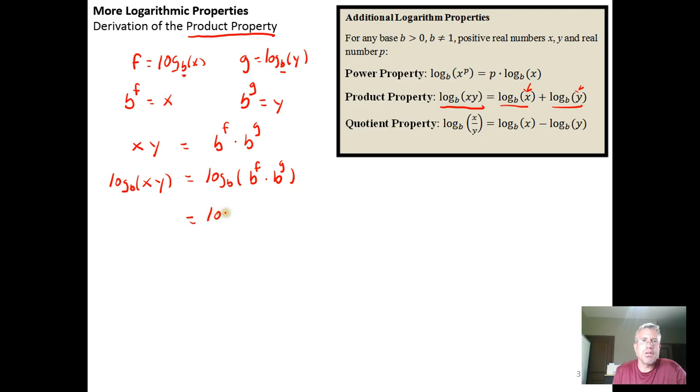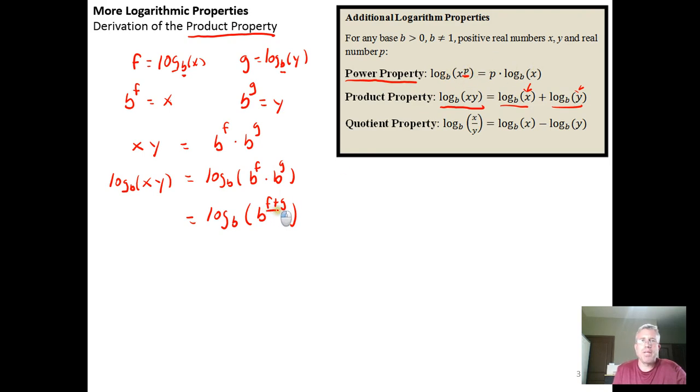I'm going to say this is log base b of, hey, I have the same base, which means to simplify I add exponents. So b to the f plus g by exponent rules or exponent properties. And then the power property says, hey, if you have an exponent on x in the log function, you can pull that exponent down front.